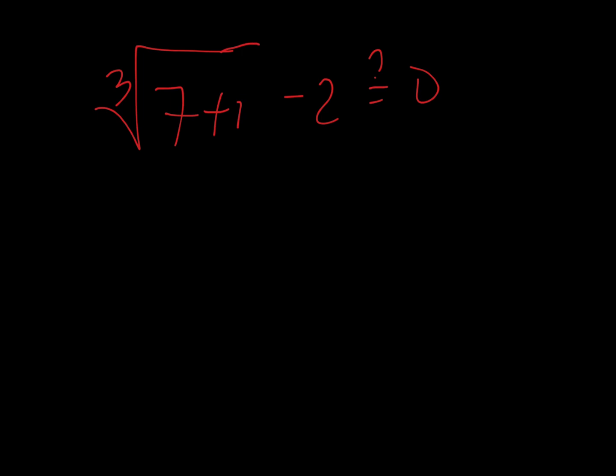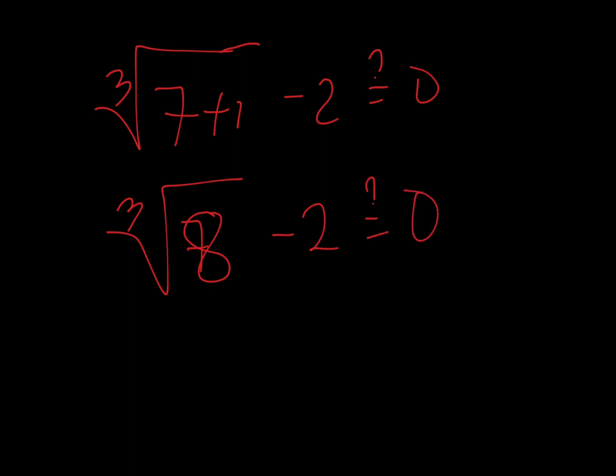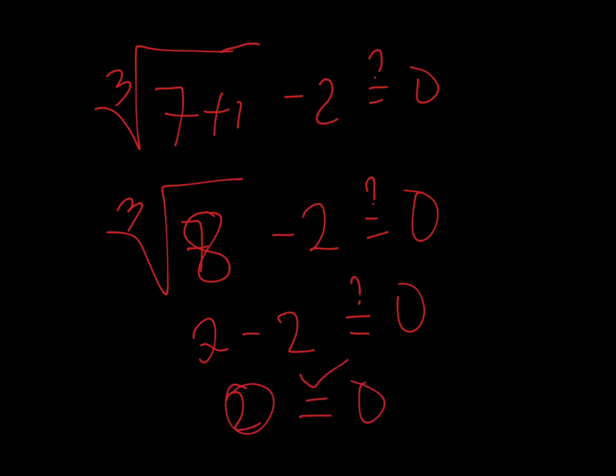Let's check if it is true. 7 plus 1 is 8, then minus 2 is equal to 0. The cube root of 8 is 2. 2 minus 2 is 0, which is equal to 0. Therefore, it is correct.